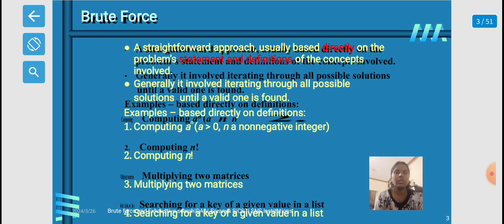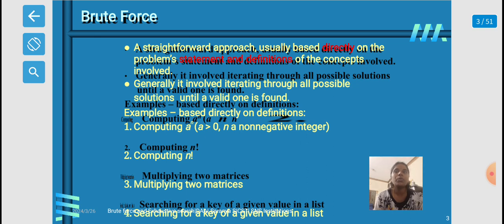For example, computing a power n, that means multiplying a by itself n times, where a is a value and n is a non-negative integer.